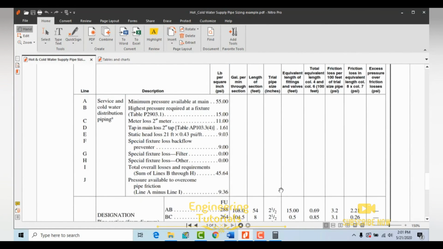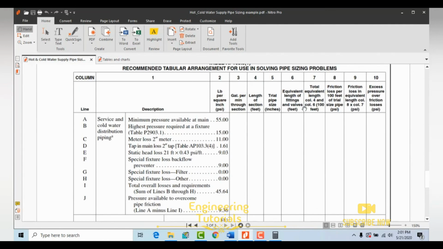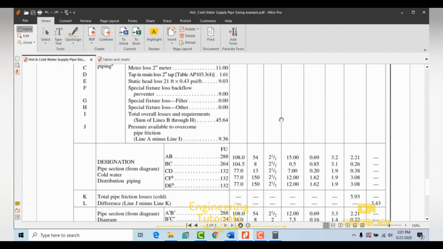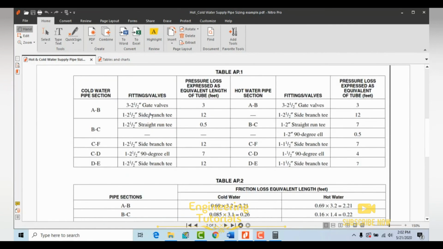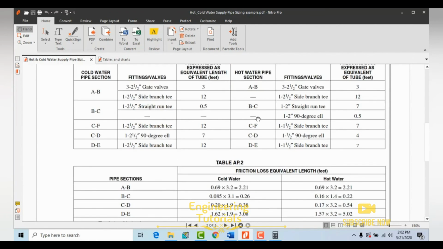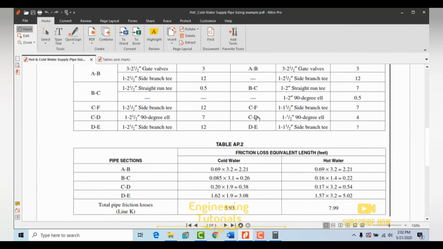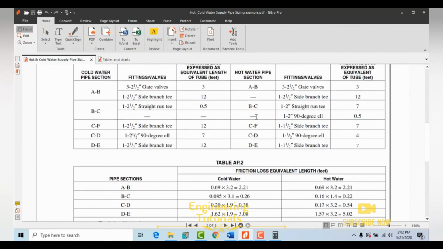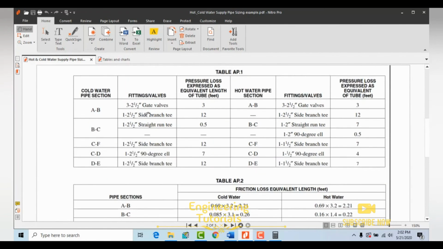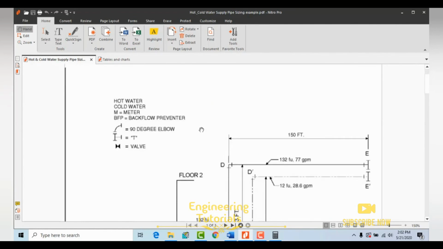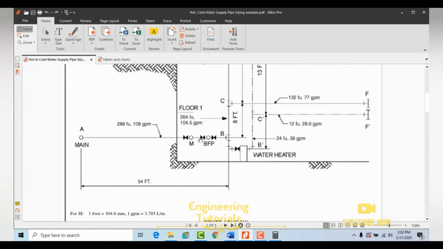So now move to the next column, equivalent length of fittings and valves. For A to B, what fittings do we have? This is the table we have used for the fittings for the cold water pipe sections and the hot water pipe sections. If you move to the drawing, A to B, what fittings do we have?